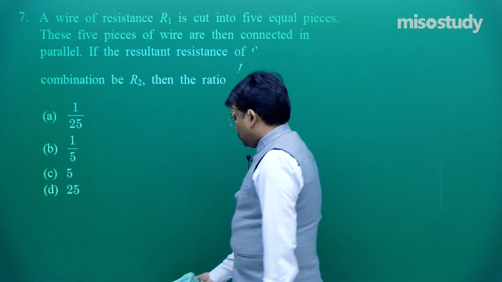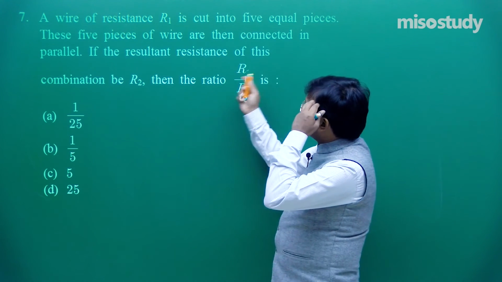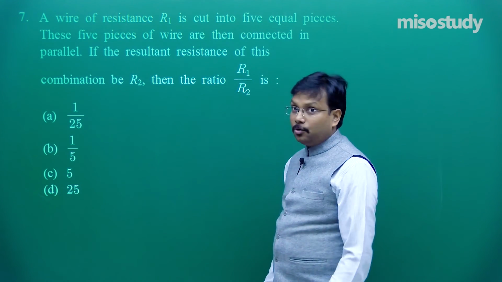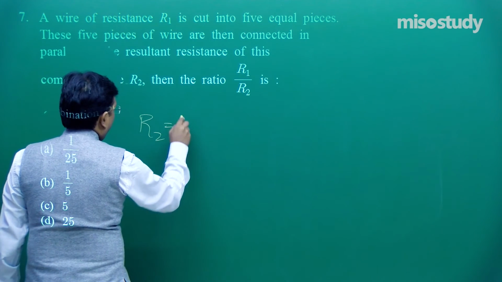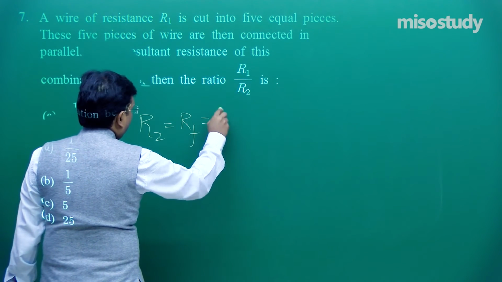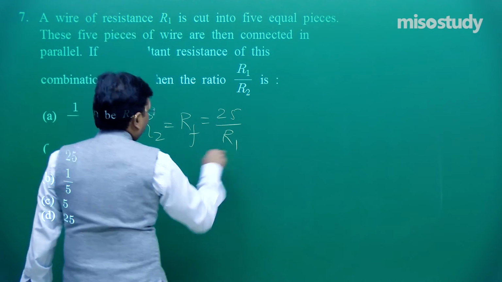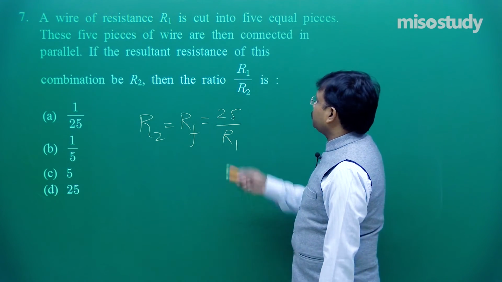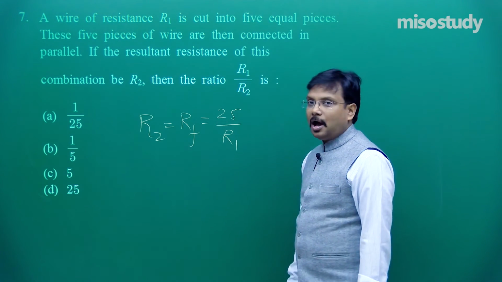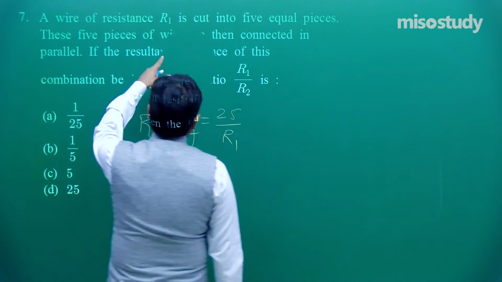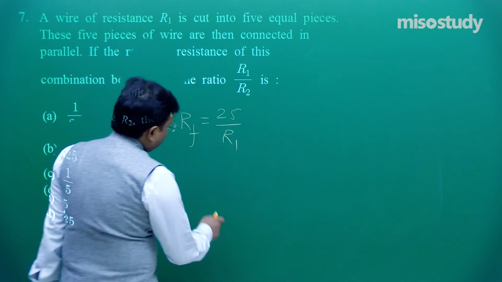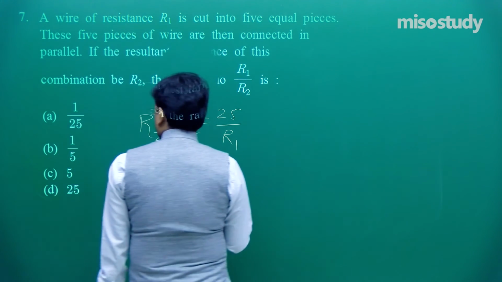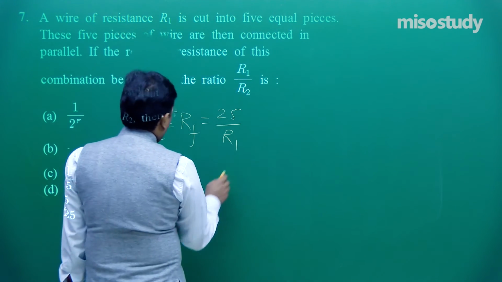Now, if the resultant resistance of this combination is R2, then the ratio R1 by R2 is how much? Now, R1 is R1, and R2 is going to be R1 upon 25.